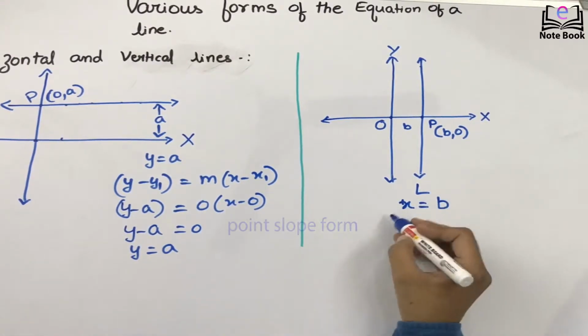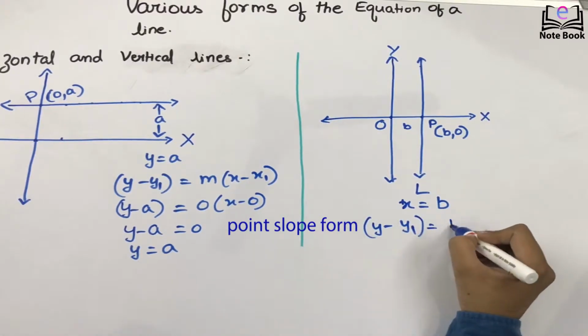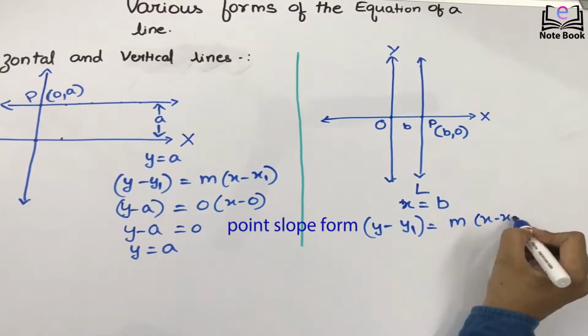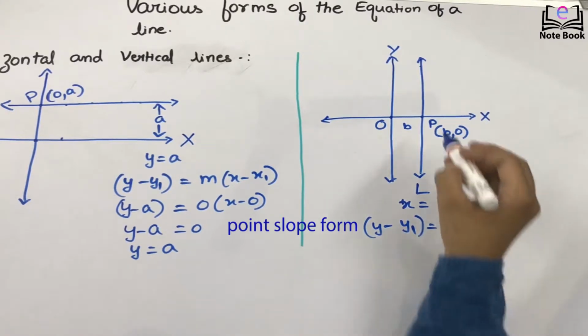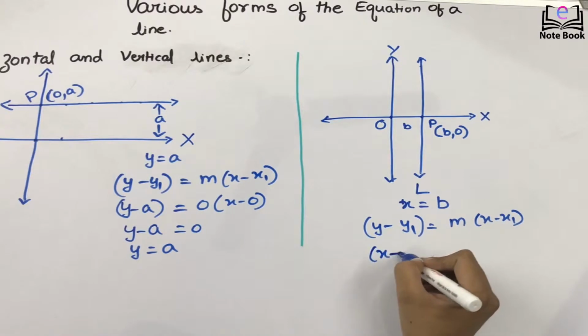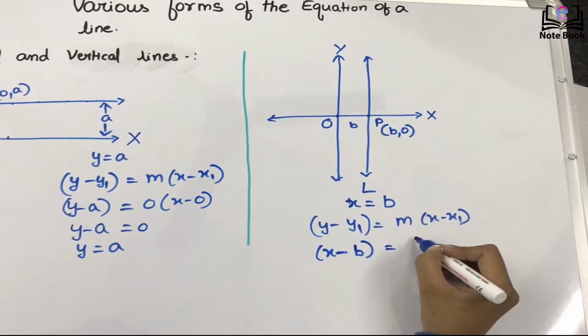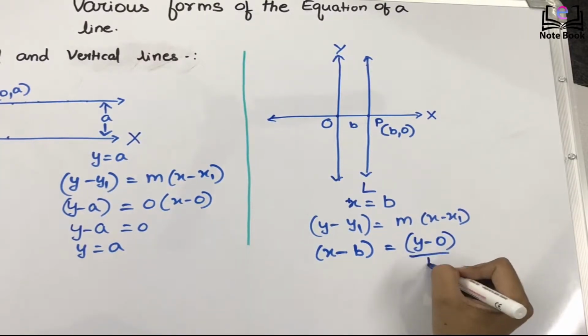Or you can use this formula y minus y1 is equal to m into x minus x1. Now consider this point b, 0. x minus b is equal to y minus 0 by m.